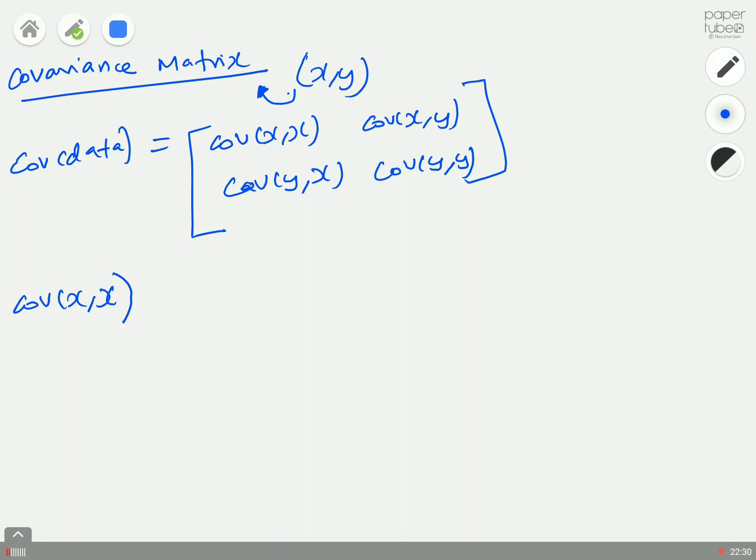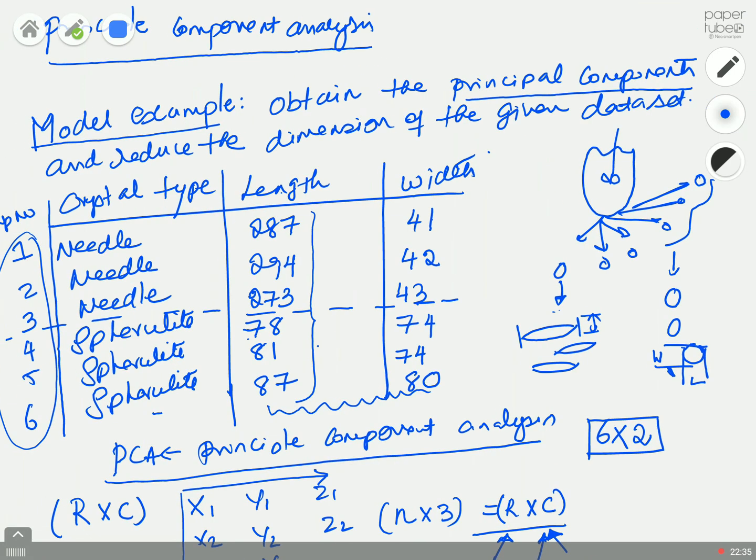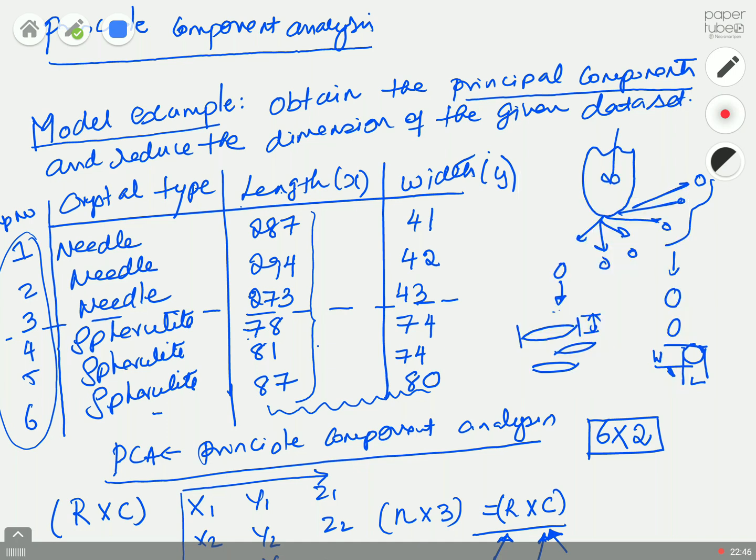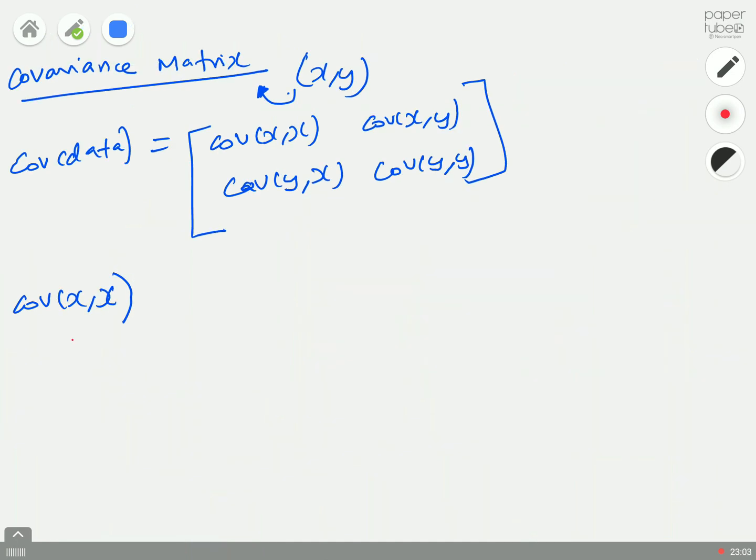So if we go back to the original data, as I said, our length is x and our width is y. So follow the pen here. Length is x and width is y. So we're going to use this data and then we will get the covariance matrix. For convenience, I'm going to write here, let's call x nothing but your length, y nothing but your width.